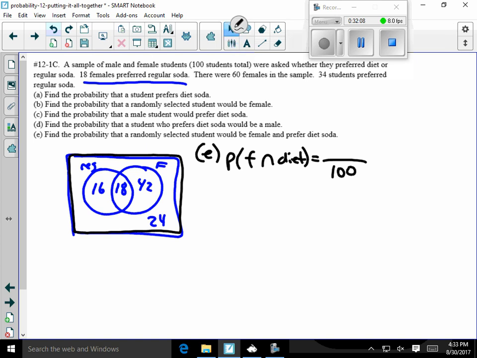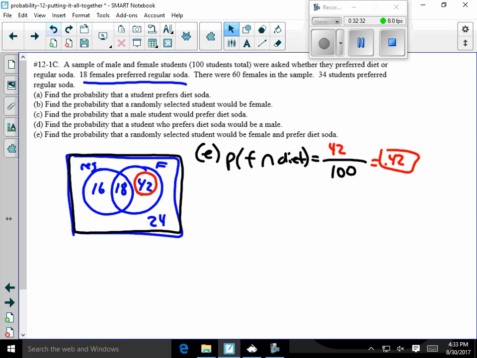Right now, we're specifically looking at only people that are females and like diet. Being in the female circle is female, but this 18 that's in the female circle, they like regular. So it would be just this 42 that are in the female circle, but they're outside of the regular circle. In other words, they like diet. So it would be 42 out of 100, or 0.42, which is, again, the same probability.